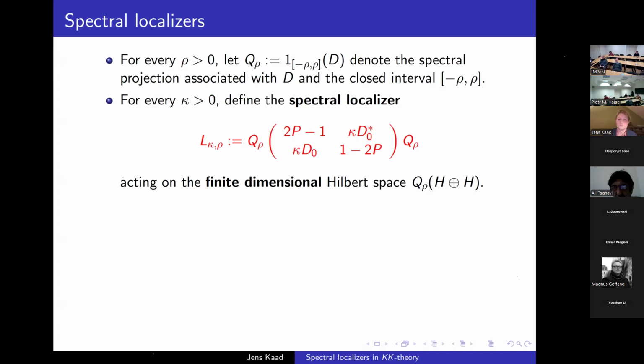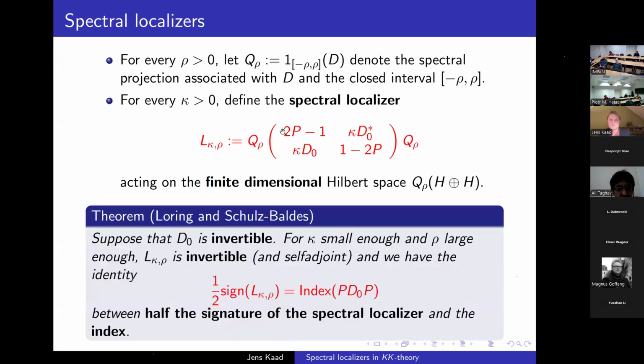Thank you. And here's the main theorem of Terry Loring and Hermann Schulz-Baldes in the even case. They are supposing that D naught is invertible, so 0 is not in the spectrum of D naught. So D naught has no index. And then they've been able to prove that once kappa is small enough and rho is large enough, and they are able to quantify what is meant by small enough and large enough.